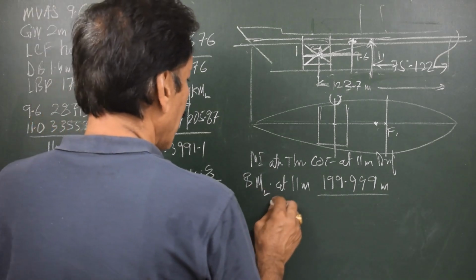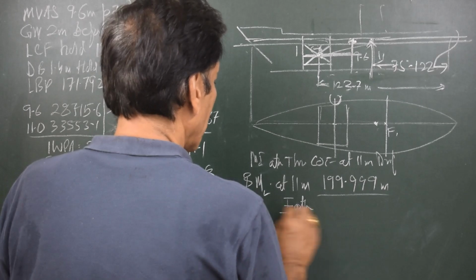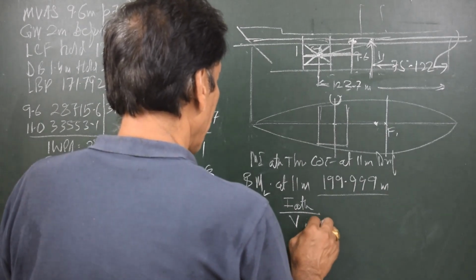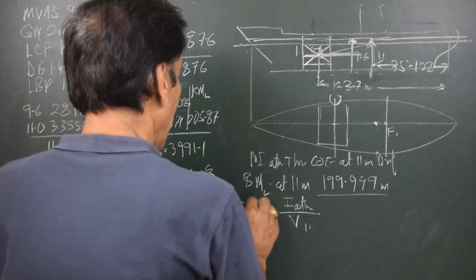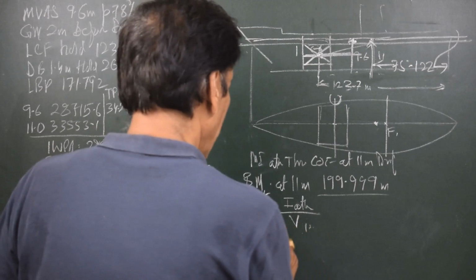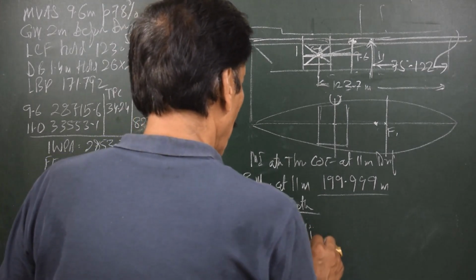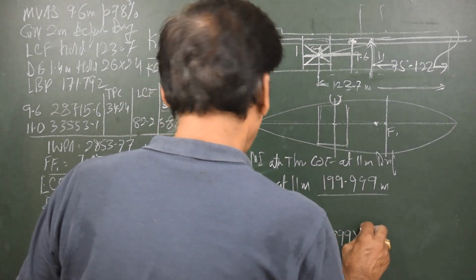But BML is equal to the moment of inertia about the athwart ship axis upon V at 11-meter draft. So can I say that the moment of inertia about the athwart ship axis is equal to 199.999 multiplied by V?